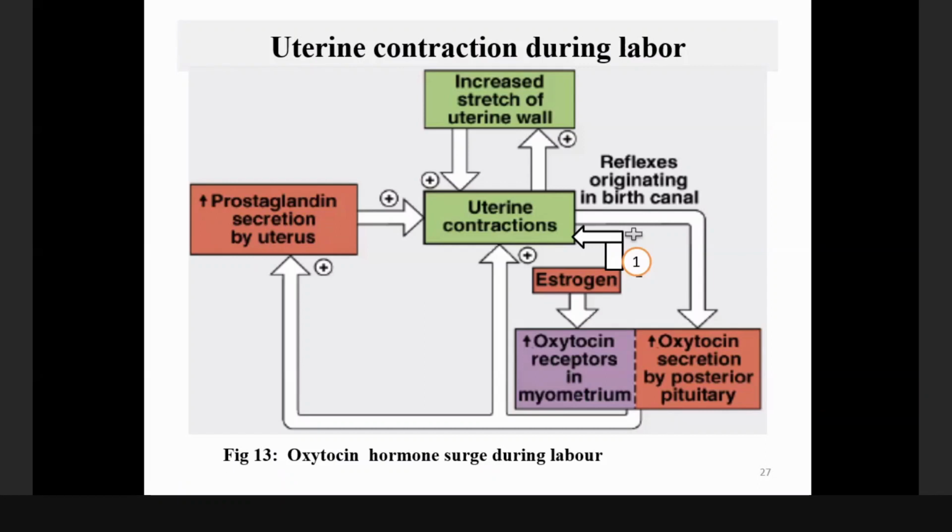from the posterior pituitary gland, and that oxytocin potentiates uterine contraction. So the uterus is going to contract more. The frequency and the intensity of uterine contraction is increased gradually until the mother gives birth. Okay, so this is an advantage of the positive feedback homeostasis control system. Uterine contraction during labor, for a mother to give birth, is because of the positive feedback homeostasis control system in the mother.